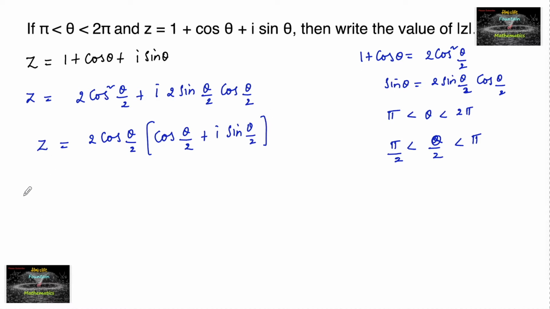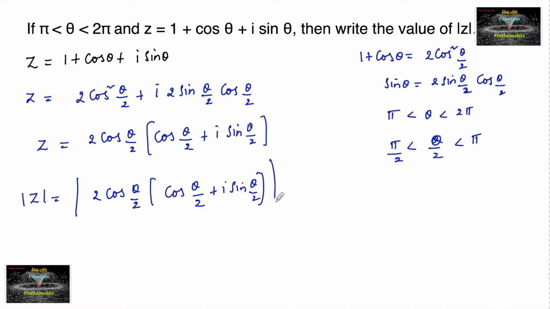Now let us find the mod z. Mod z is equal to modulus of 2 cos theta by 2 into mod of (cos theta by 2 plus i sin theta by 2). So 2 is a constant, we can bring it outside, and mod of cos theta by 2 into modulus of cos theta by 2 plus i sin theta by 2.